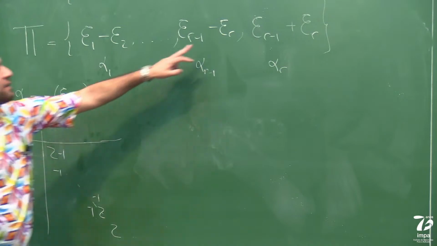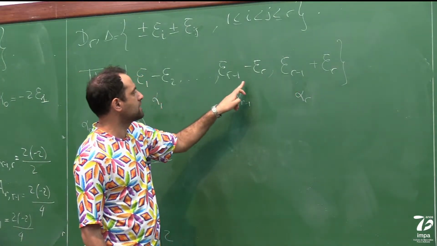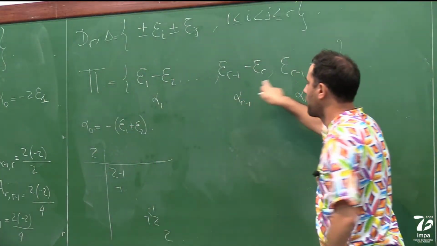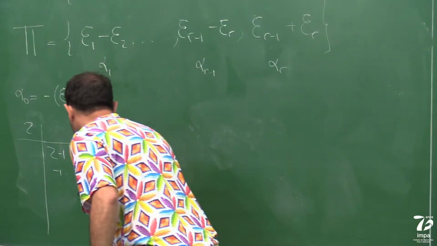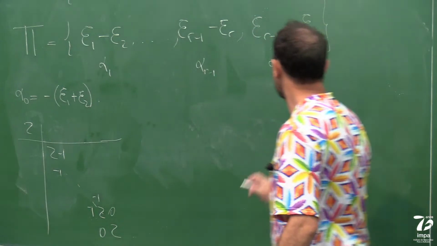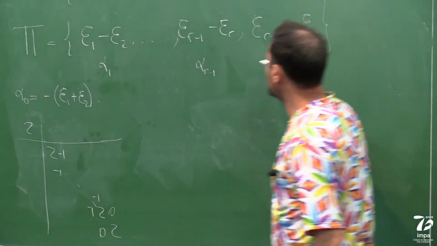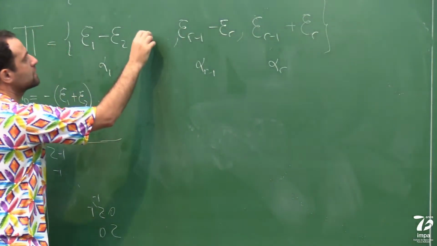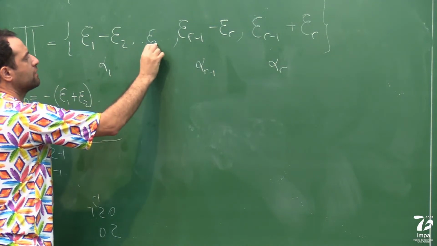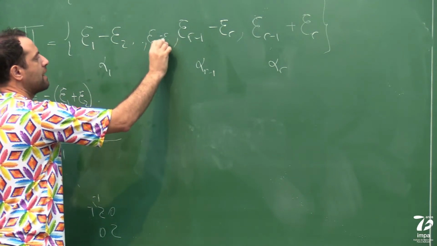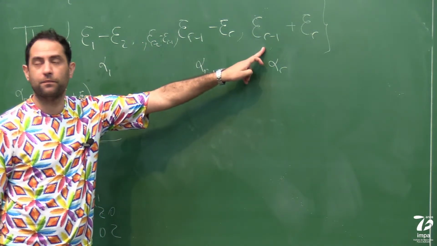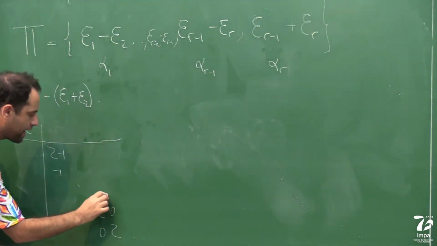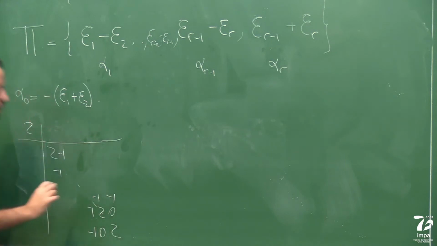Then something funny happens, in that these two are orthogonal, so they are not connected, and I have zeros here. But alpha r minus 2, which is epsilon r minus 2 minus epsilon r minus 1, does have a non-trivial inner product with this. So here I have a minus 1, and here I have a minus 1.